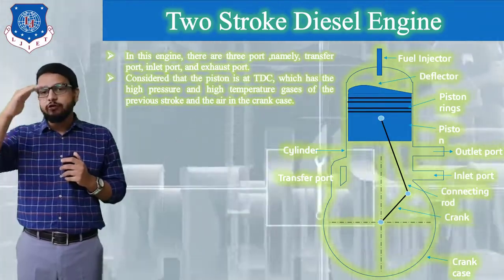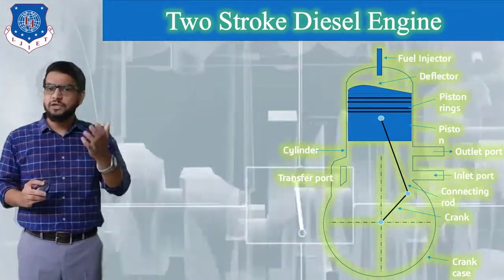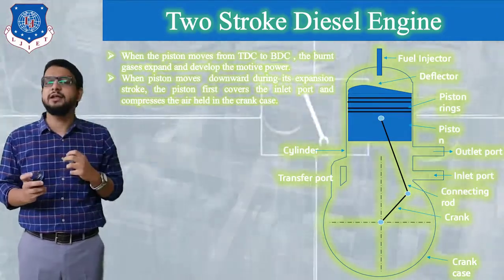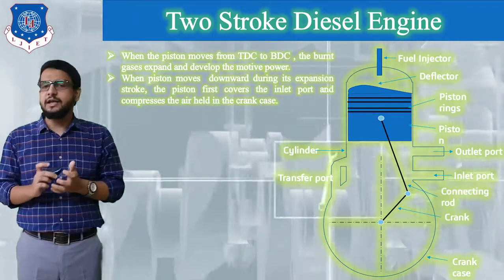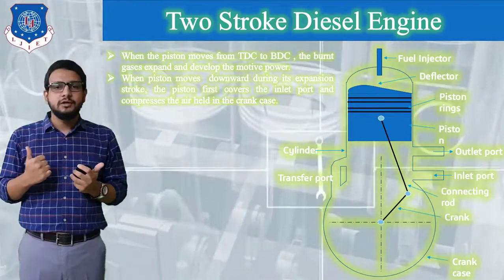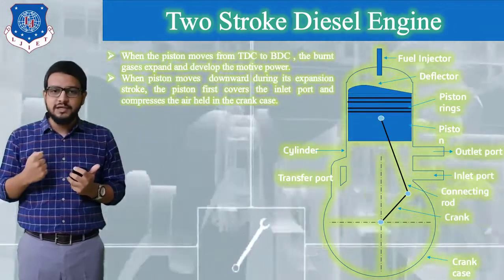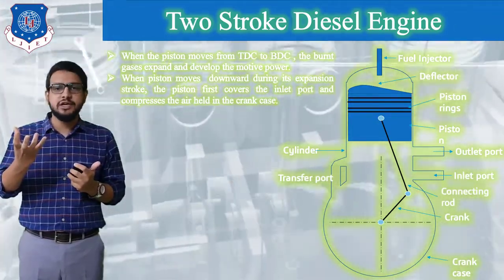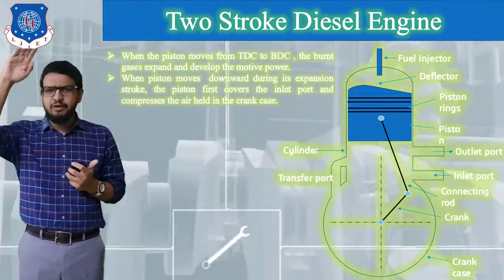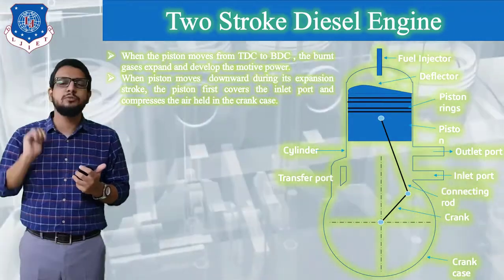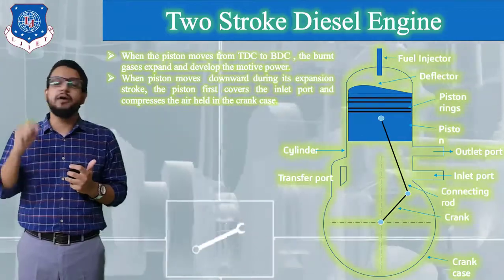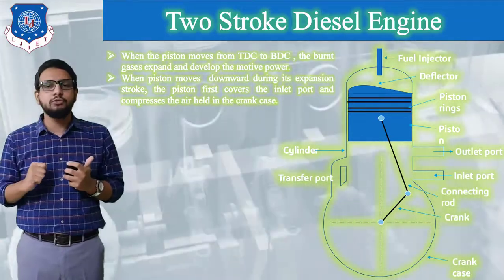Now the piston is going to move from TDC to BDC, but how? As soon as diesel is injected, mixing of diesel fuel will take place evenly with the highly compressed air, and the temperature of the air is higher than the self-ignition temperature of the diesel fuel. So sudden ignition will take place, and due to explosion hot gases will be generated, which are going to exert their pressure on the top side of the piston. The piston will move from its TDC position towards the BDC position. At the same time, on the downward side, partial compression of air will take place because of the downward motion of the piston.